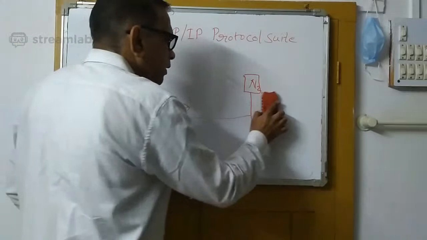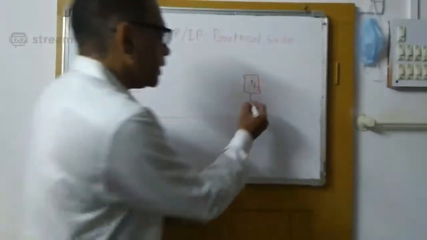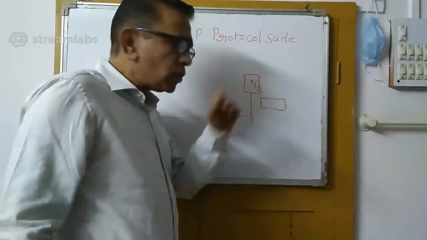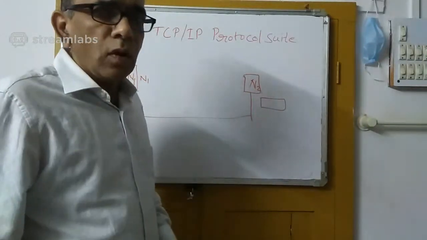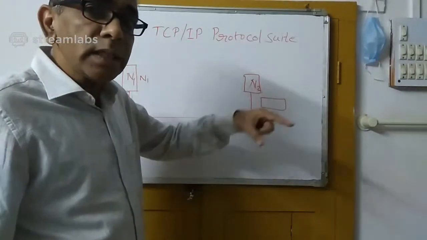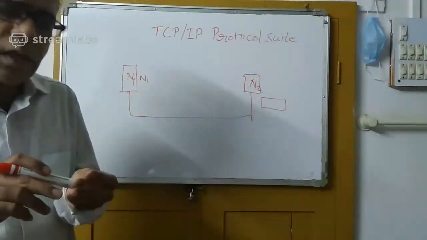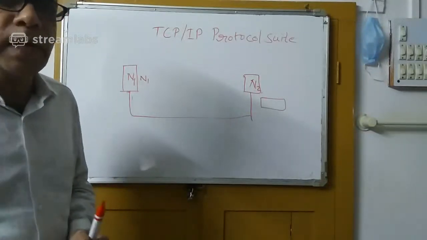In another technique, whenever a frame arrives at the receiving side, it detects for an error. If an error is noticed, the receiver itself will try to correct the error. For that, as I said, it needs the support of more additional redundancy bits. Those redundancy bits we call parity bits.